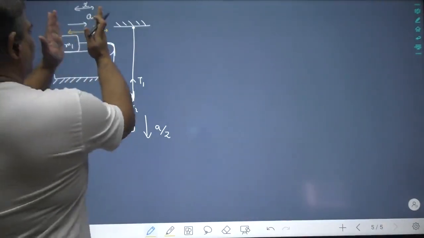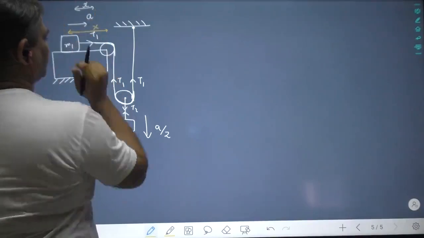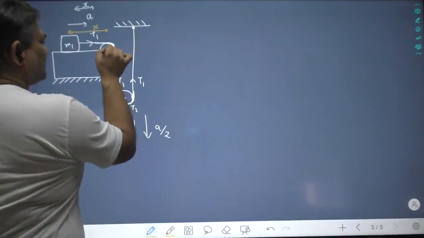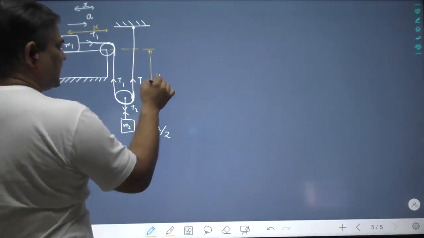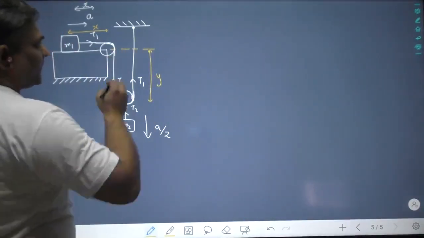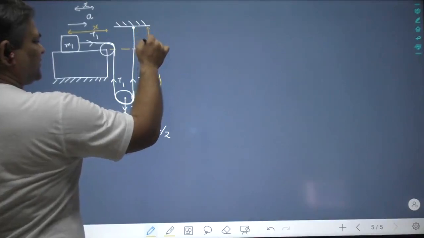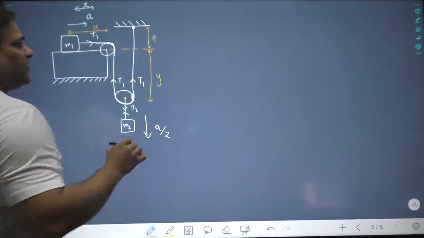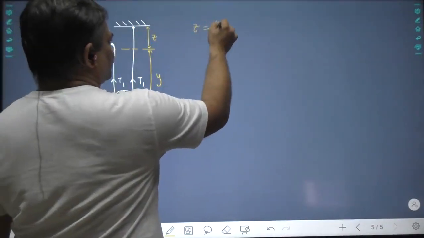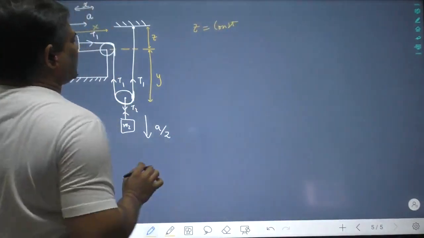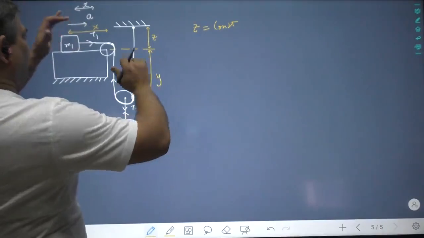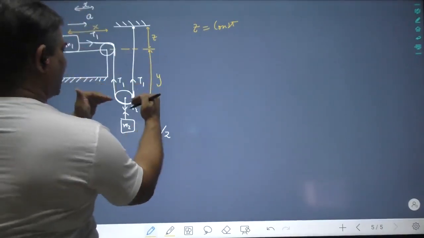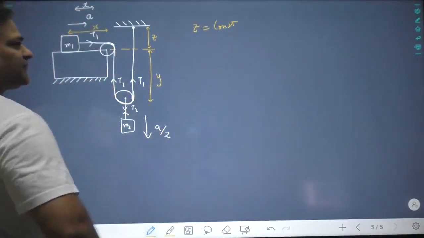And let us take this distance as Y. And let us take this distance as Z. Now Z is constant. It does not change. The only thing, if this moves forward, X will change and Y will change.